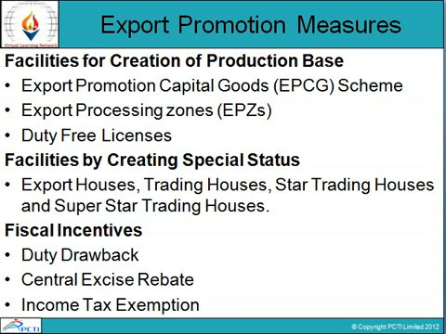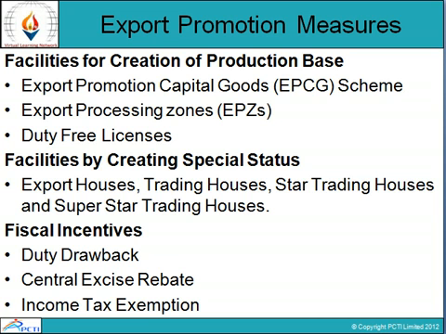Coming towards the last topic, that is export promotion measures. The facilities which are provided for creation of production base are export promotion capital goods, that is EPCG scheme. Next is export processing zones, EPZs, and last is duty free license.